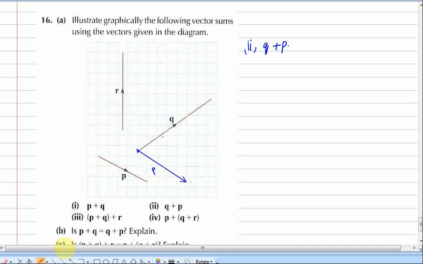And I will draw the same vector at this end because it will be a parallelogram, right? Now I will draw the vector Q. The resultant is the diagonal. So the resultant of P and Q, or Q plus P, is this one, right?